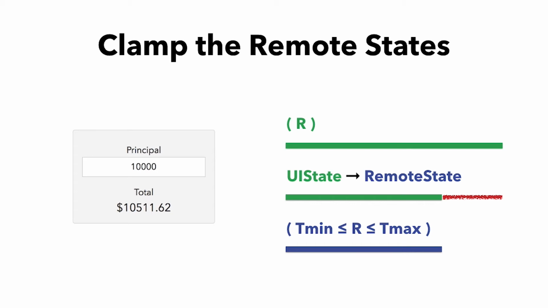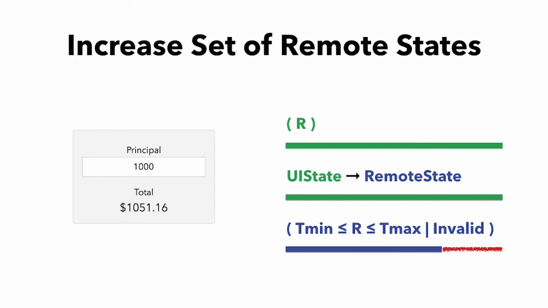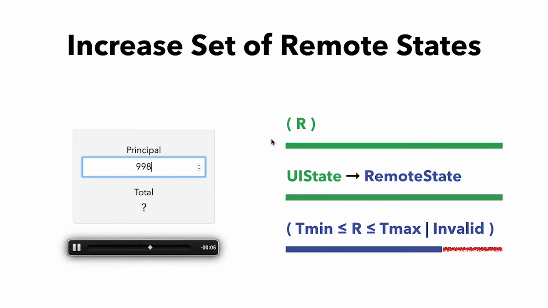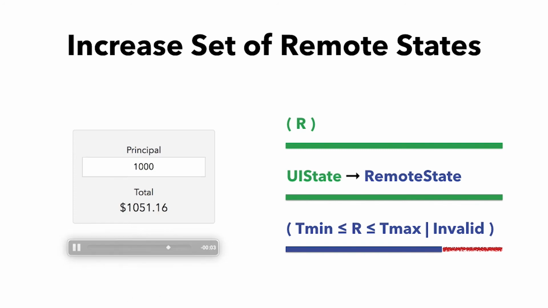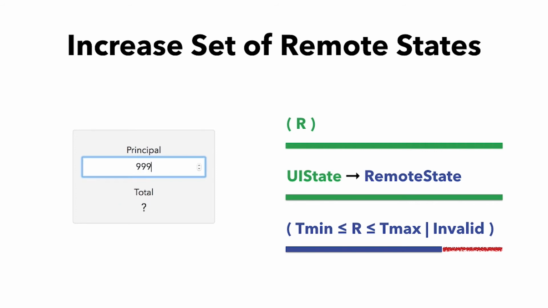So there's another option. We can increase the set of the remote states. So instead of just restricting to this min-max, we're also going to add another state, which is this invalid state.